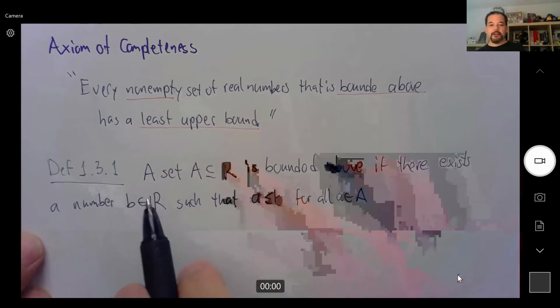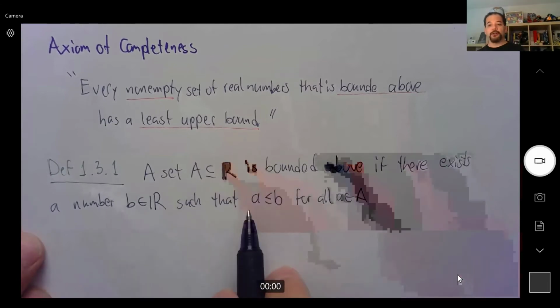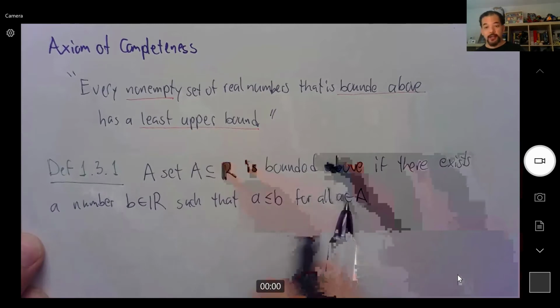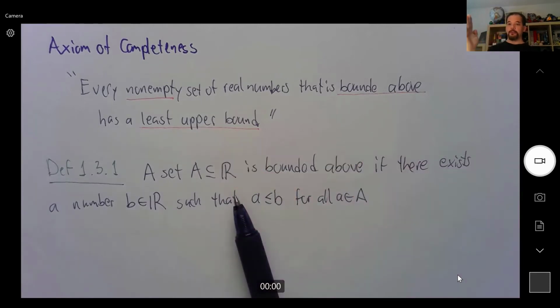So we say that a set is bounded above if there is some number which is bigger than all the elements in A, right? So in other words, if you draw A on the real line, there is some number B, and you can tell that the entire set is before that number B.